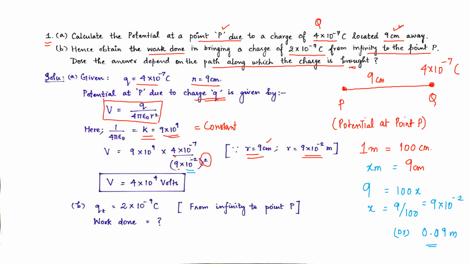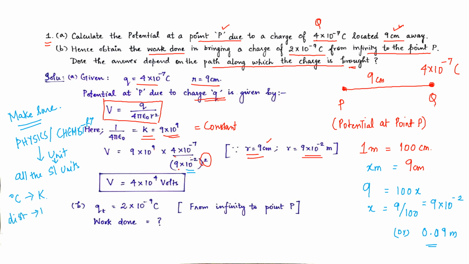Substituting the value in meter, always make sure that whenever you are solving a question in physics or chemistry, you convert all units into SI units. Degree centigrade should be converted into Kelvin, distance should be in meter, time should be in seconds, and there should not be any degrees.